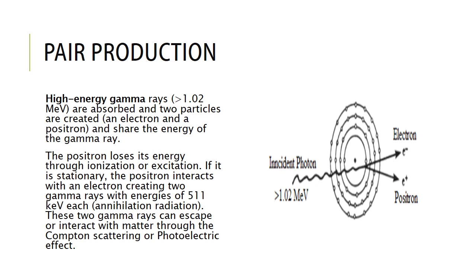And lastly, for the gamma interactions with matter, we have pair production, which again, remember, isn't as important in what we do, but we're just going to talk about it because it does occur. So remember, for pair production to occur, you're going to have a very, very high energy photon, a very high energy gamma ray, greater than 1.02 MeV, that's going to come close to the atomic nucleus.